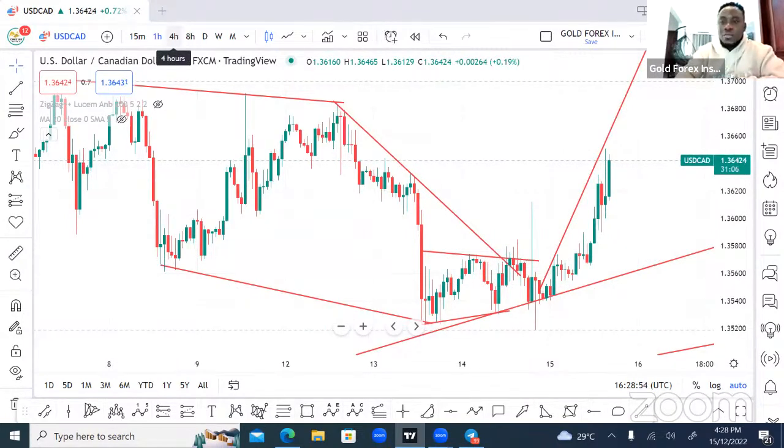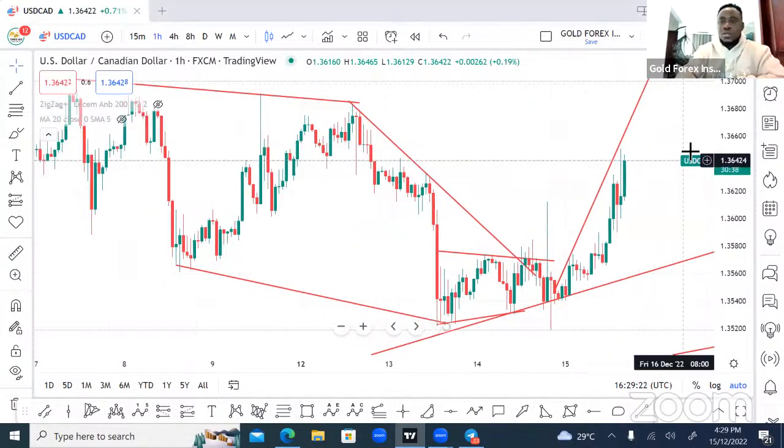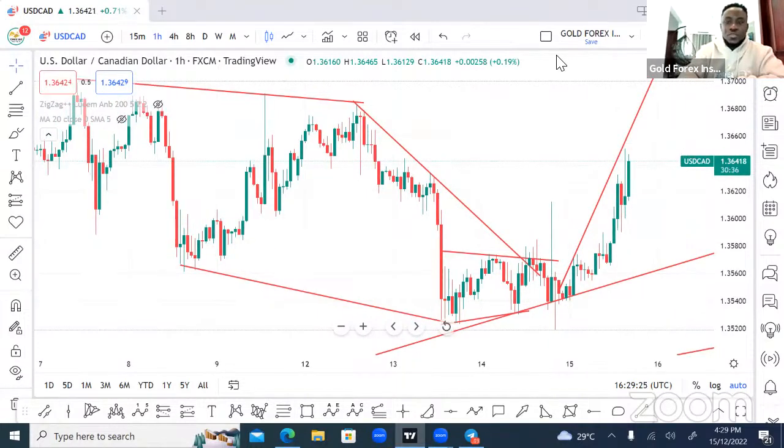Now before that, let's look at the DXY. Let's look at the DXY first before we can proceed on anything.